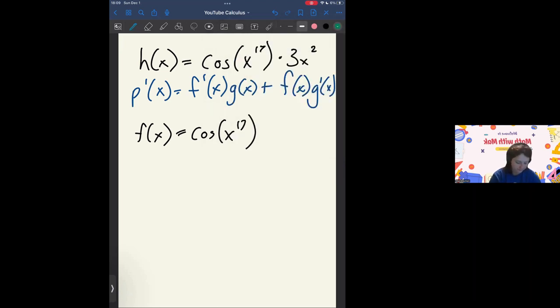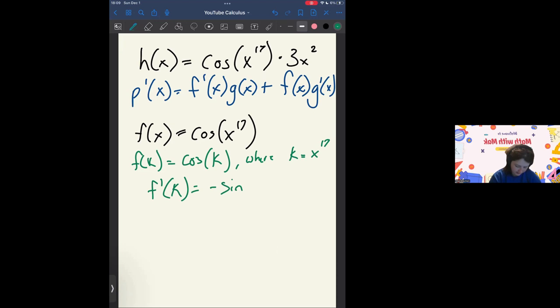But we do know that f of k is cosine of k, where k equals x to the 17. So f prime of k is negative sine of k, and then k prime is 17x to the 16, right?